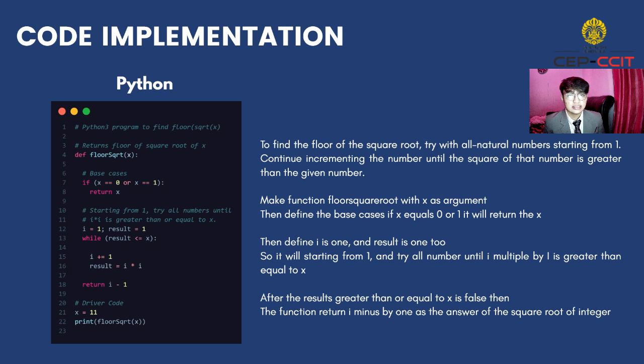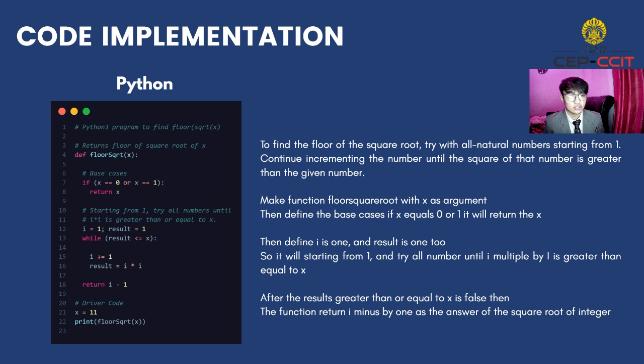And this is the code implementation. To find the floor of the square root, try all natural numbers starting from 1. Continue incrementing the number until the square of that number is greater than the given number. So the code is, firstly, make a function floor square root with x as the argument, then define the base cases.